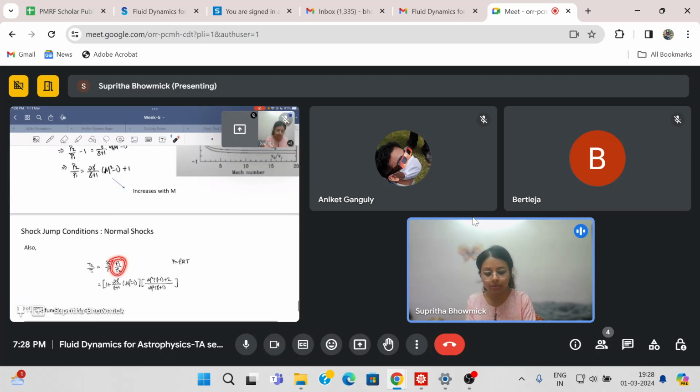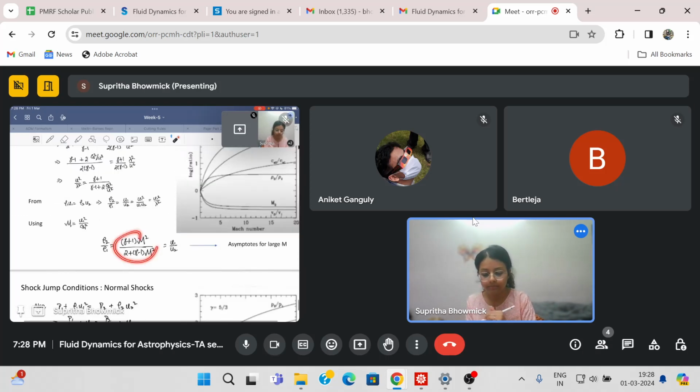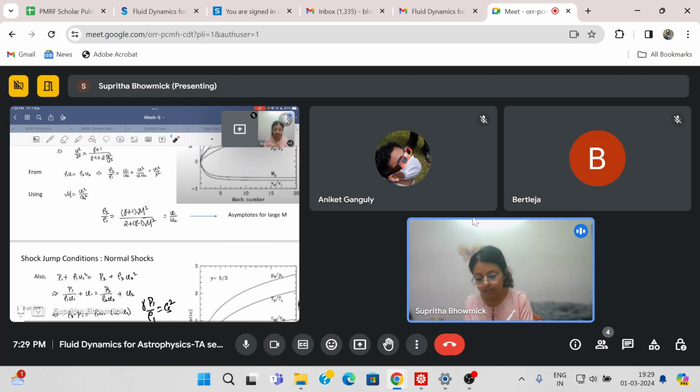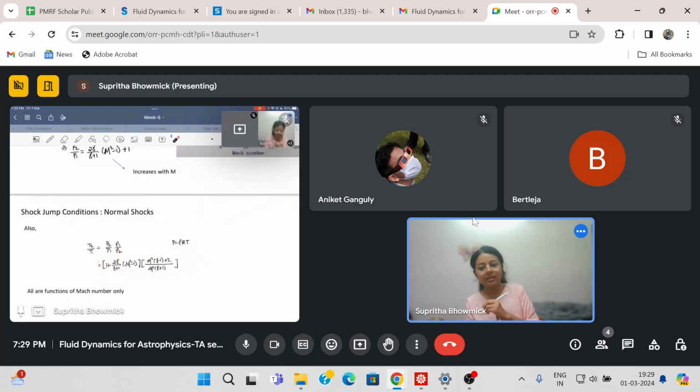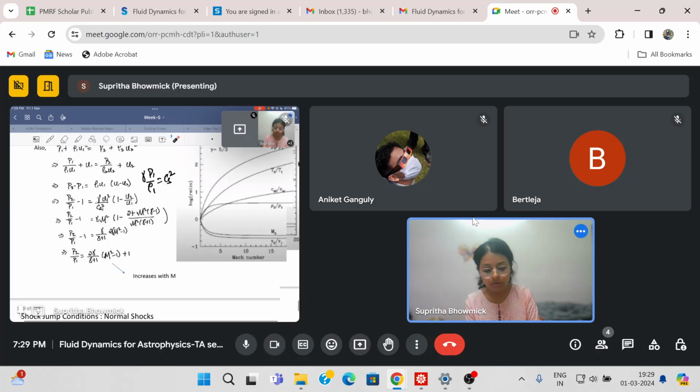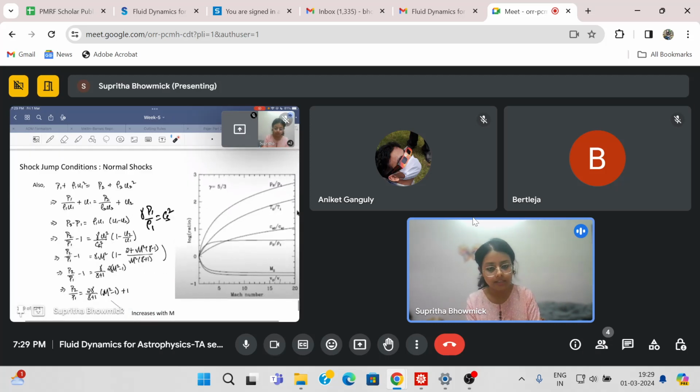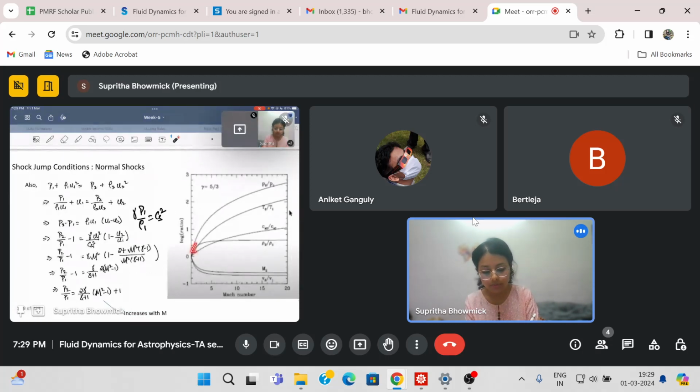And we know rho 1 by rho 2, it is the inverse of this. We bring everything together to get this. And once again, you see that this increases as m square. There's Mach squared in numerator and denominator for this term, but this term goes as m square. So the temperature jump also increases as m square. It does not asymptote. And that is also clear from this graph.